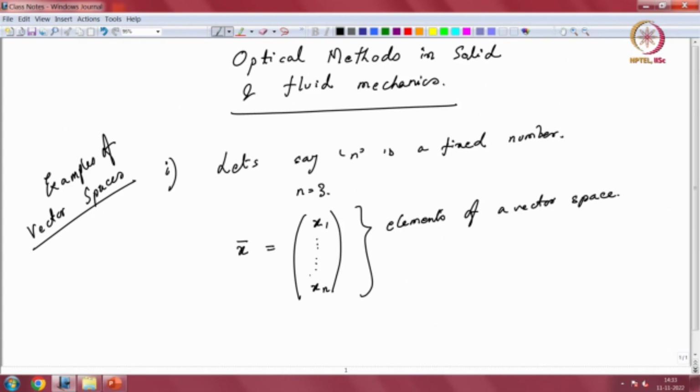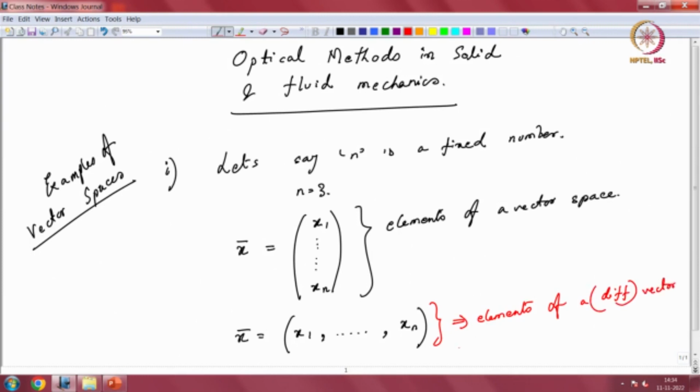This is what we often refer to as a column vector. This is obviously finite dimensional. You can see that there is a limit to the number of entries you have. You can also have a row vector, where you arrange everything in a row, and vectors like this would become elements of a different vector space.